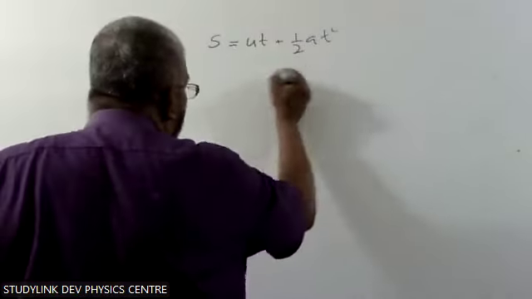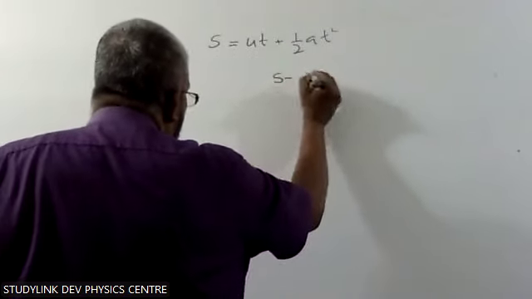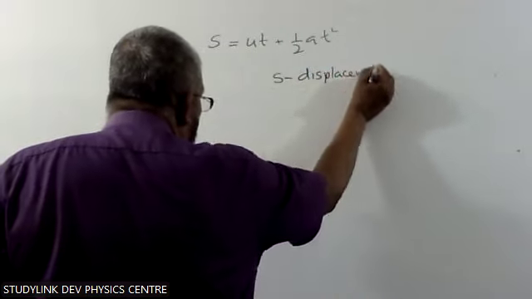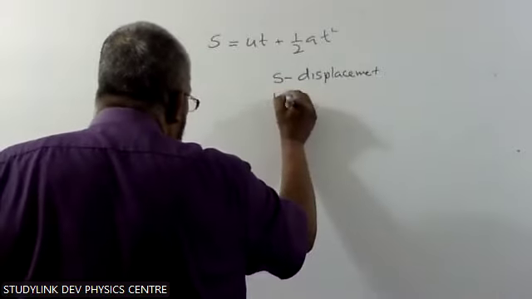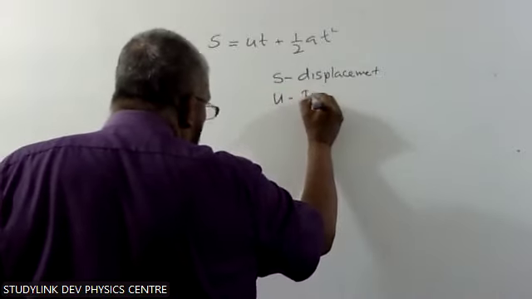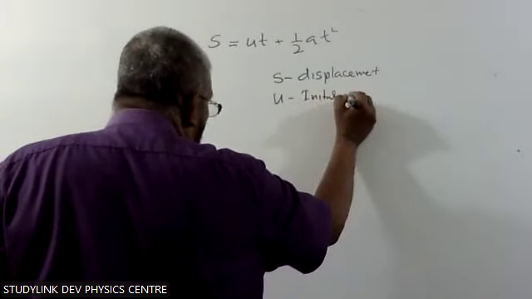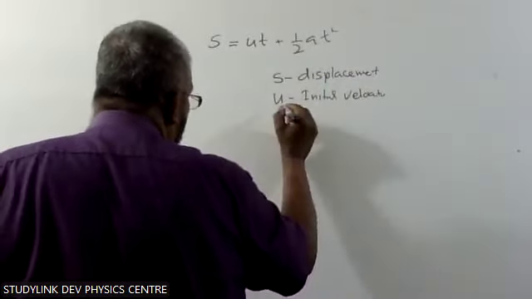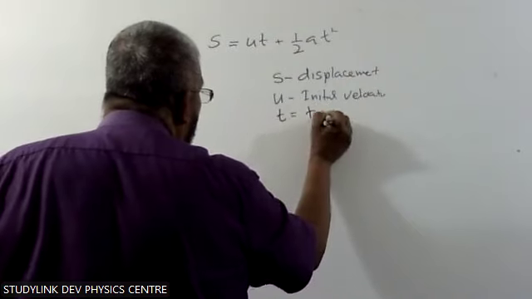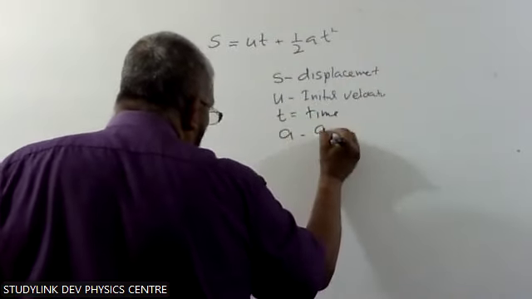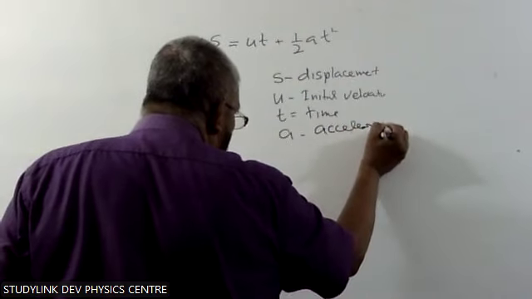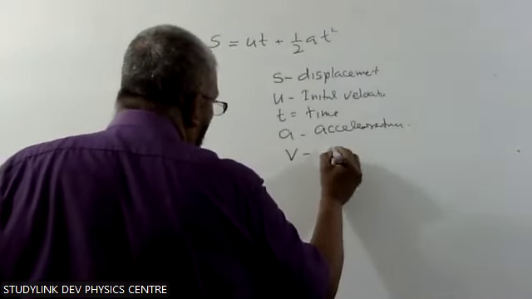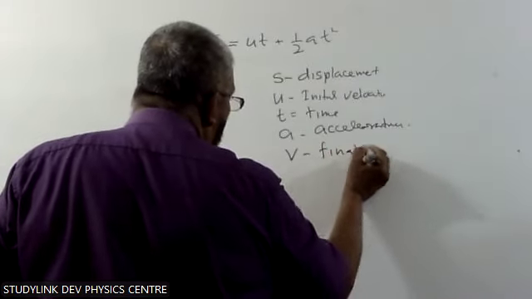S is displacement. U is initial velocity, whatever it is, a velocity. T is time. A is acceleration. Then another one is there, V, the final velocity.